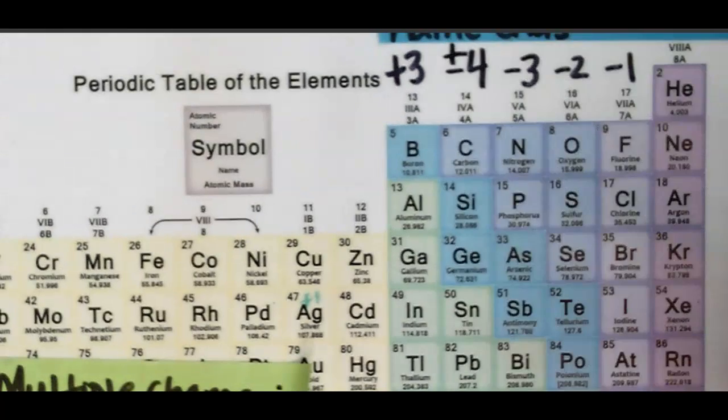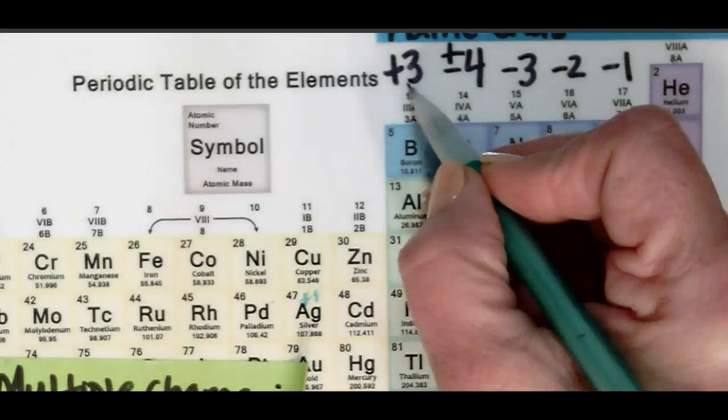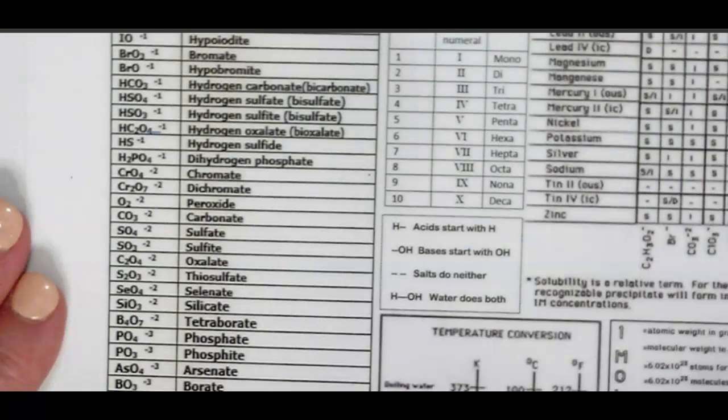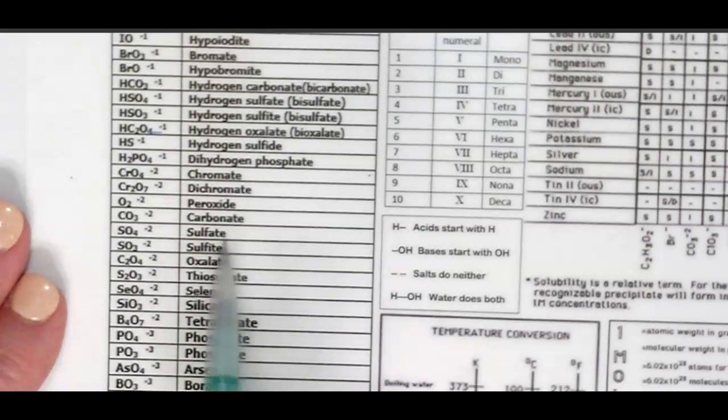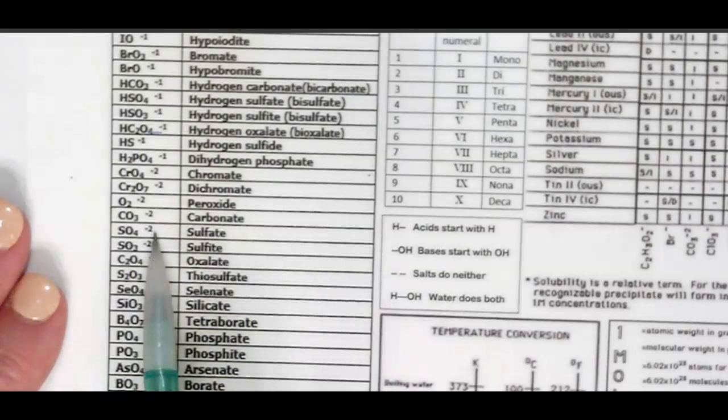So aluminum is a +3. Again, if you don't have that marked on your periodic table, then maybe that's something you need to do. Aluminum is a +3. Okay. The other thing is your sulfate. Come to your periodic table. Your sulfate is a 2-.